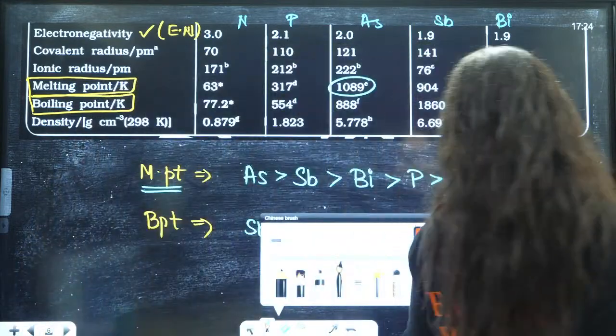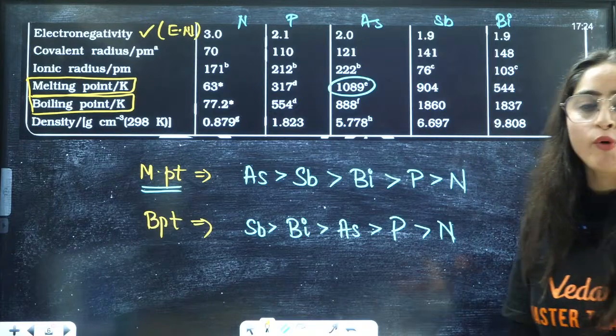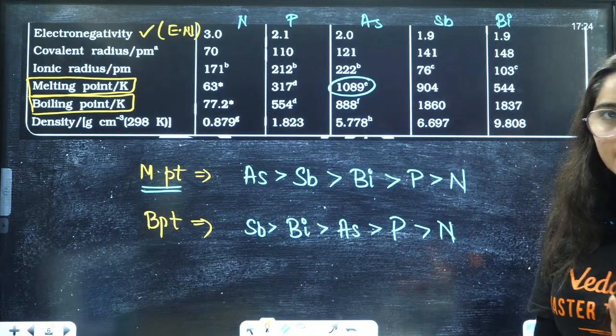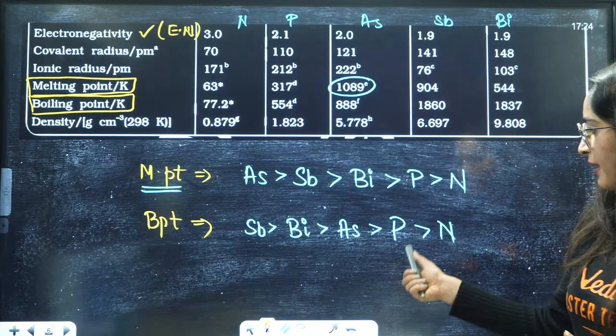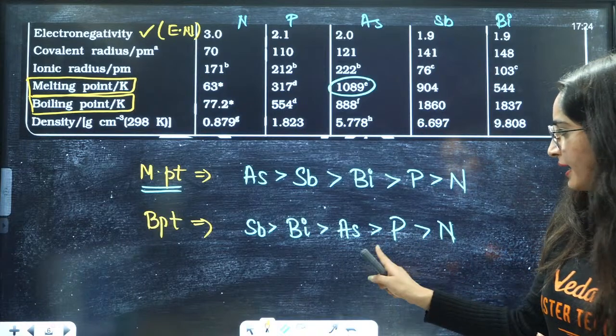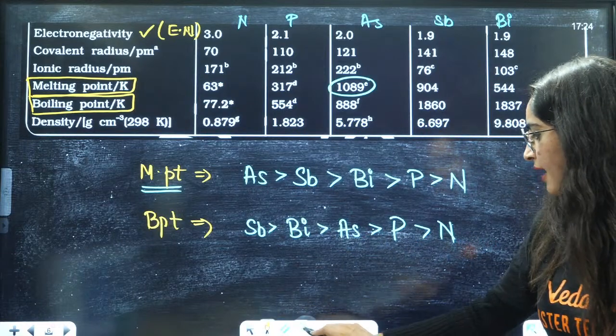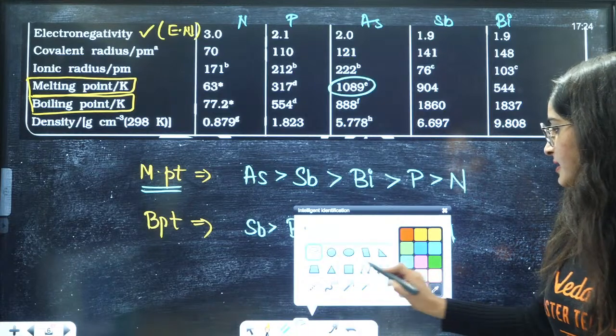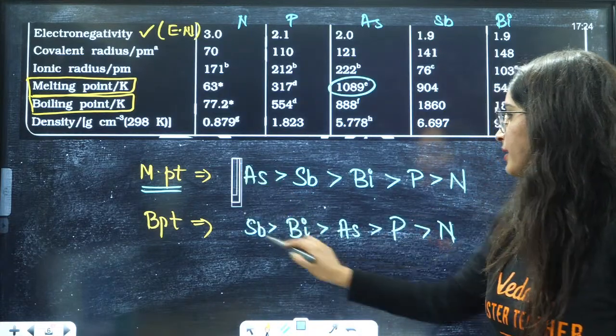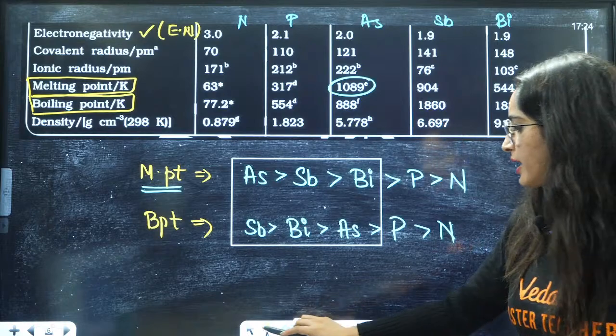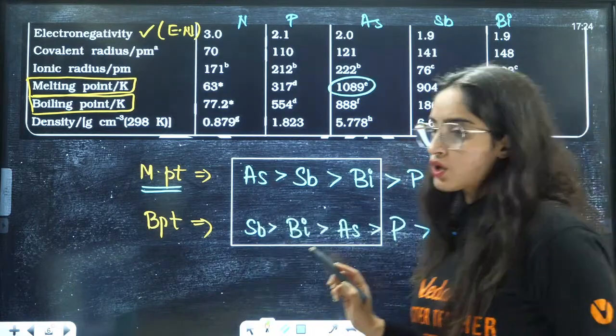This is the order of boiling point and melting point. It is minimum for nitrogen, phosphorus, and it is having variations over here.